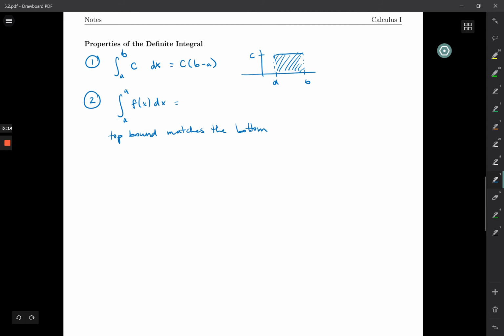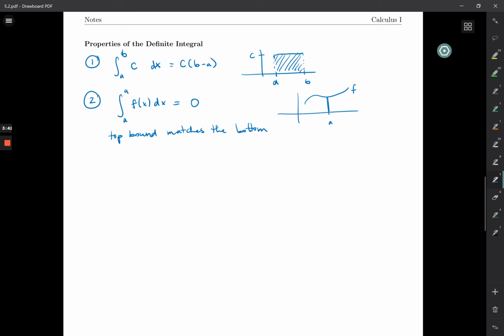If that happens, then if we think about what this might look like, so we have some function f, and we're talking about the area under the curve over an interval that has 0 width. So an area of a rectangle with 0 width is just 0, right? So it kind of makes sense that this would be equal to 0.